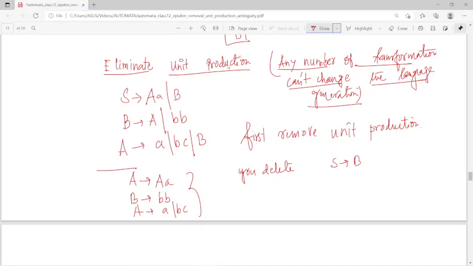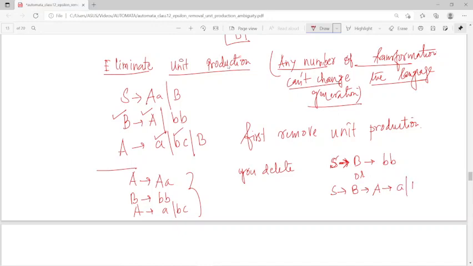So I have to check, if we delete these productions, what the corresponding terminals are that we can reach. That means from S to B, and from B we can reach bb, right? Or from S to B, then from B to A we can again get A, and from A we can generate a or bc.